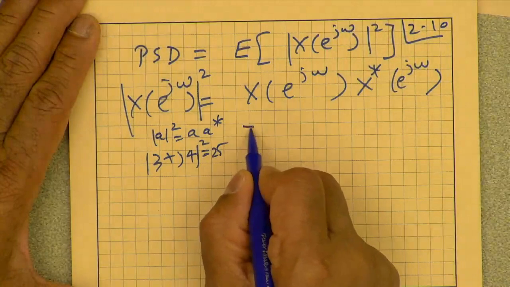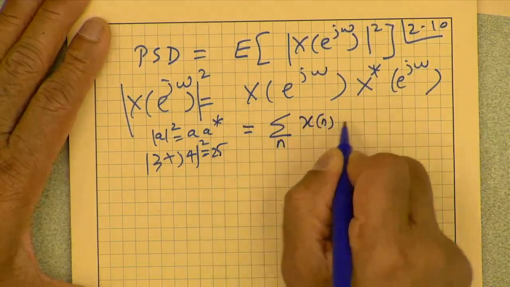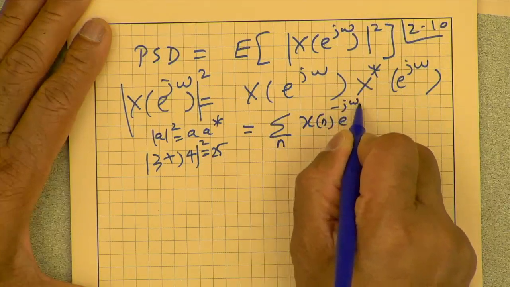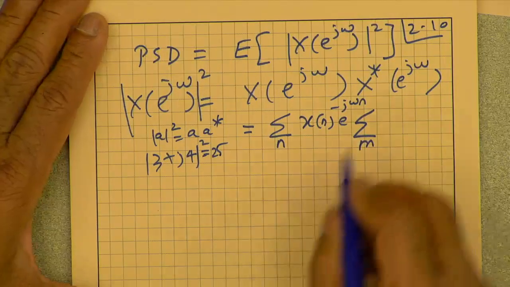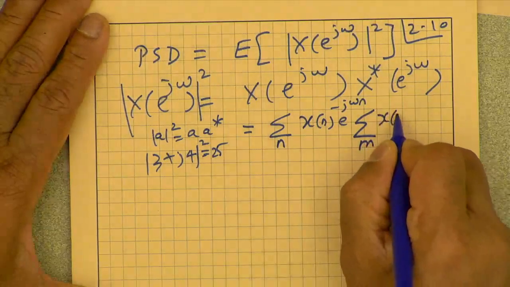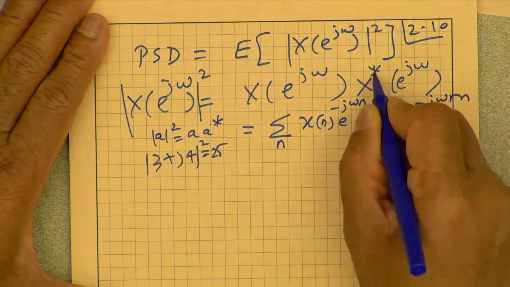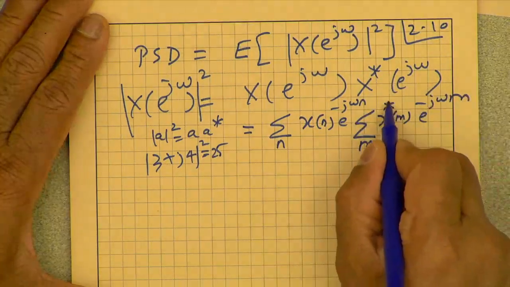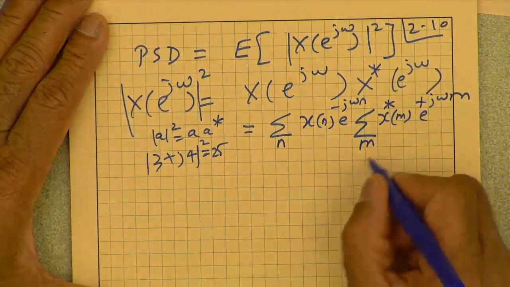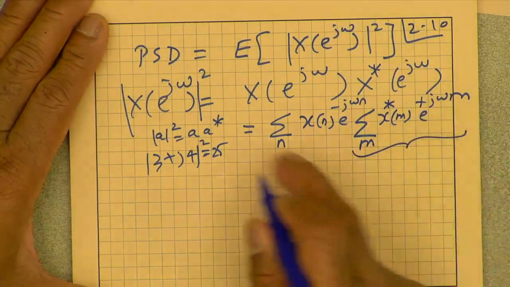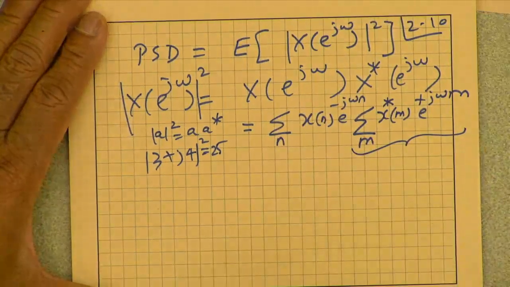So this can be written as the sum over n of x[n] e^(-jωn), and for the other one I can use a different index m, the sum of x[m] e^(-jωm), and I have to take that conjugate. So I make this conjugate and change the minus j to plus j. So this is the same thing here, n replaced by m and then conjugated.